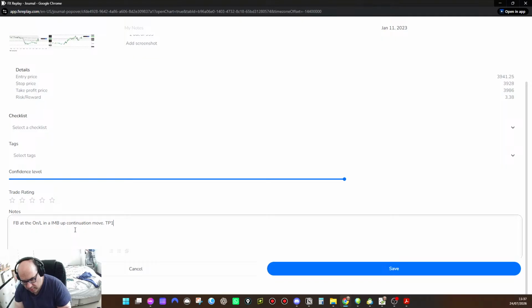TP1 is the previous swing highs, at the next internal liquidity zone. Stop will remain at its position the whole time.